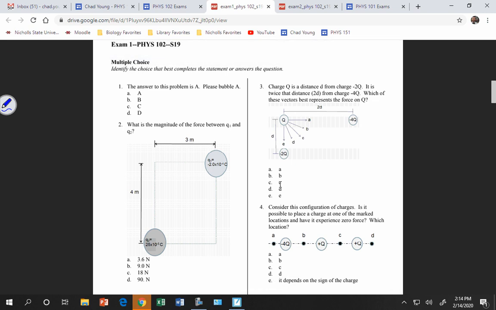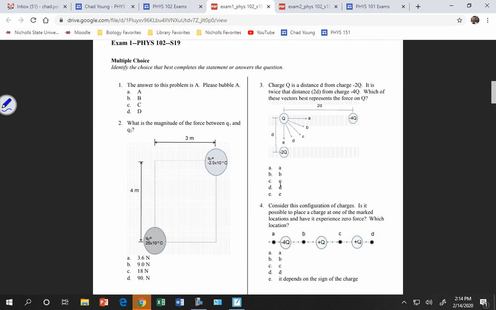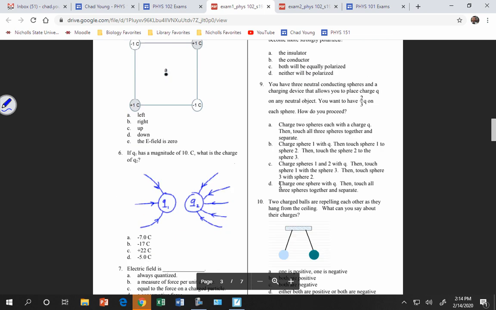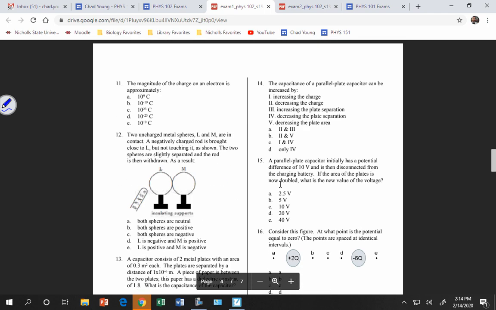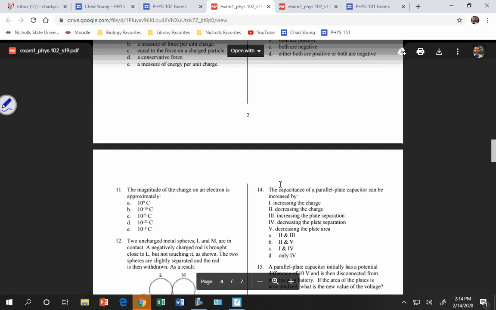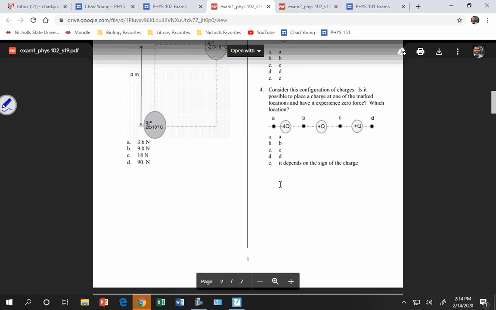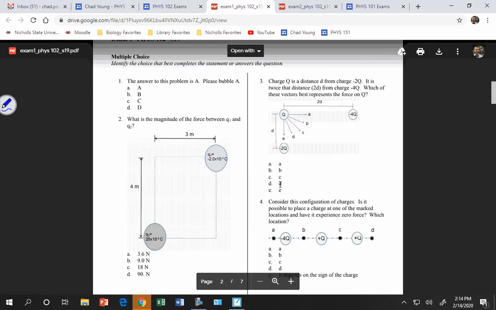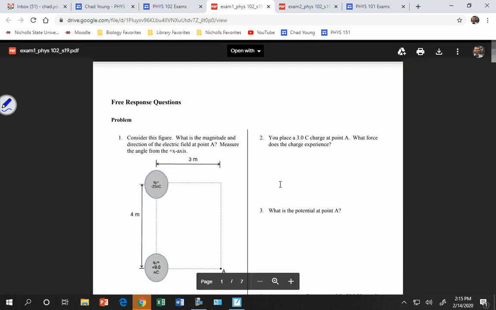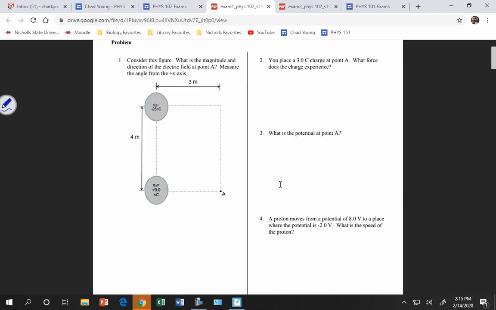Some other things that you're going to have to do is you're going to have to find the potential due to a configuration of charges. Okay, yeah, so it was on free response.